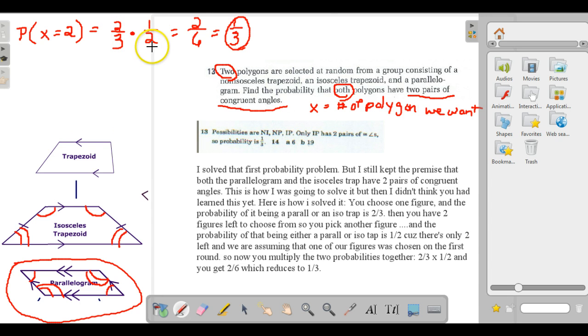Because sometimes in probability, people get confused because they don't know if we're supposed to multiply the two fractions, or add them, or do counting. For this particular probability question, there was no counting involved because with counting, you generally have to find different ways of arranging things, and that's not what we're doing in this problem.